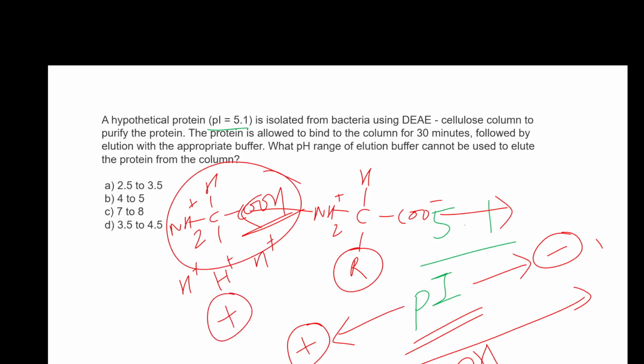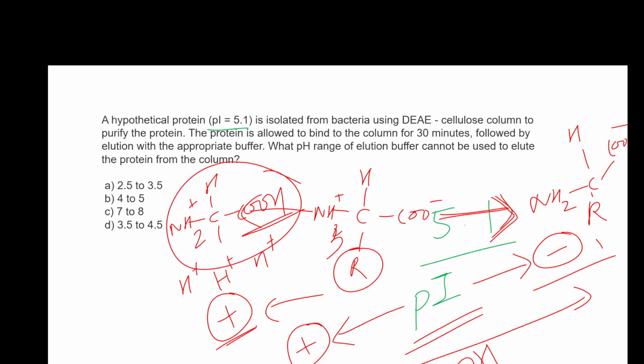So when the protein goes to a lower pH, it becomes positive, and when it goes to a higher pH, it tends to release more hydrogen ions. In that case it becomes COO minus, so the net charge on the protein becomes negative. Okay, so that is why.